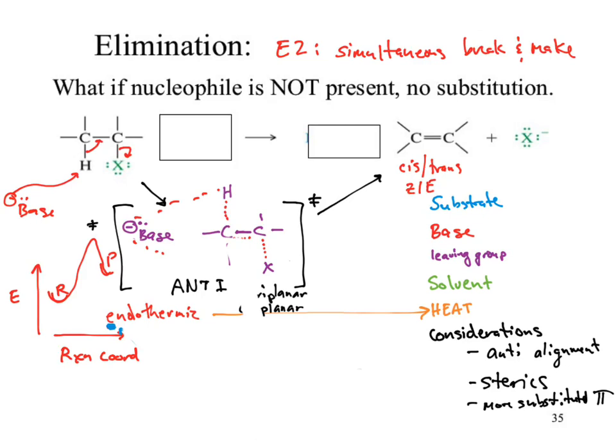The substrate is talking about the substitution patterns, and in particular, the substitution patterns where the leaving group is. If those were hydrogens versus carbons, what would that do to my substitution pattern? Say they were hydrogens. What kind of pi bond would I get? We can even just ignore out here, I don't really care.